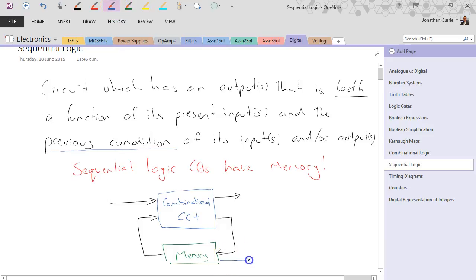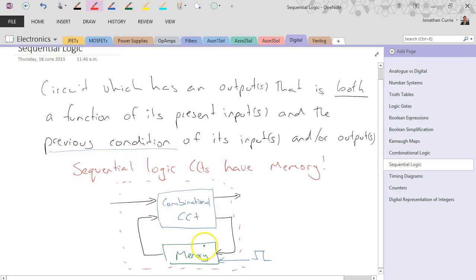And we may have sometimes a clock signal added into this. It doesn't have to be for a sequential logic circuit. Alright, so the entire box now represents a sequential logic circuit rather than just the combinational circuit.